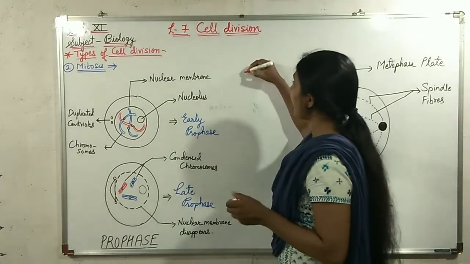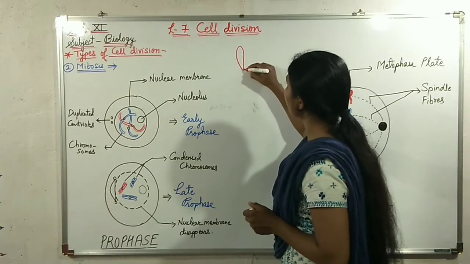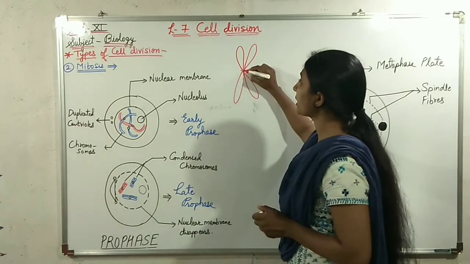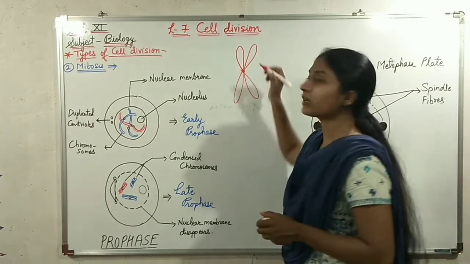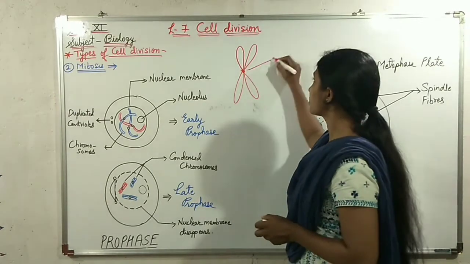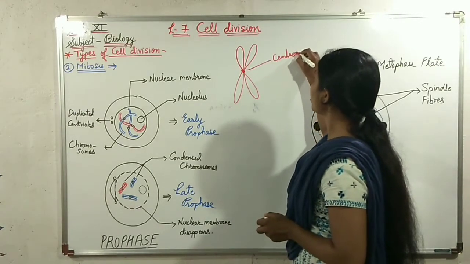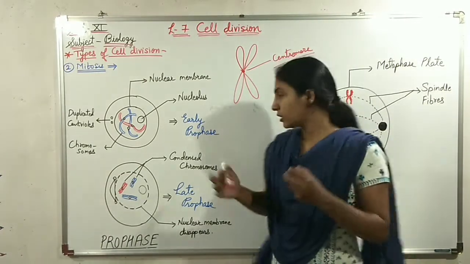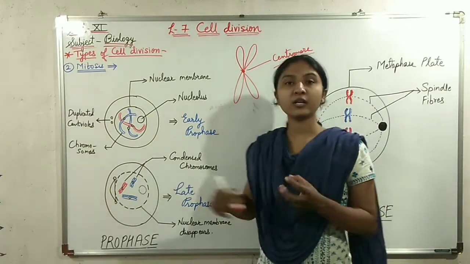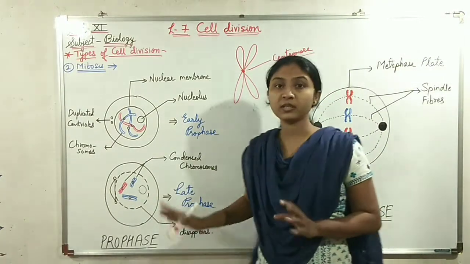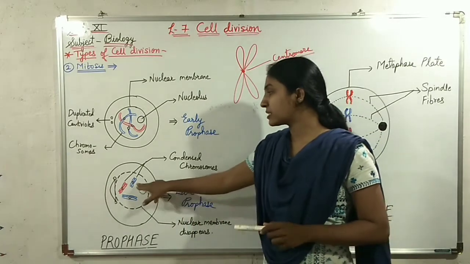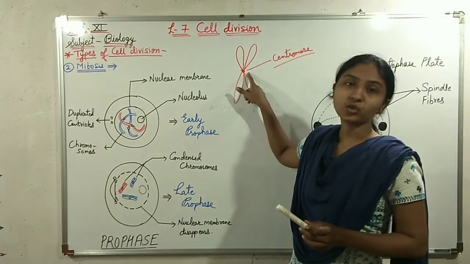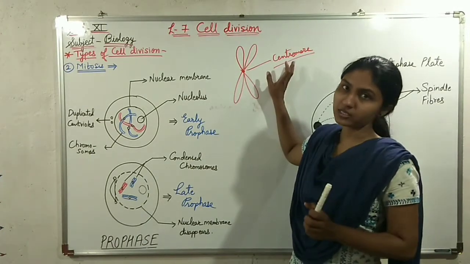Now, as we have drawn the structure of the chromosome in this way, the point at which the chromatids are attached to each other is called the centromere. These chromatids are visible under a light microscope in the late prophase, and these sister chromatids are attached to each other by the centromere.